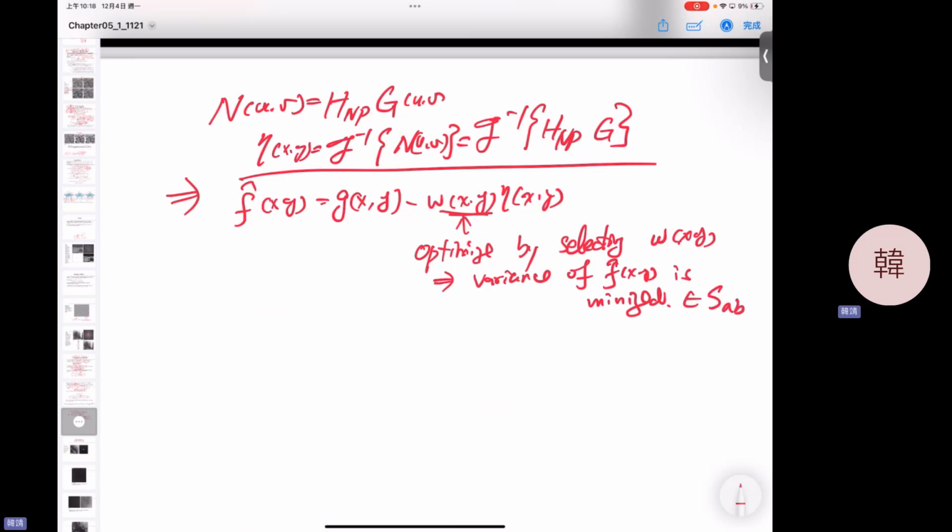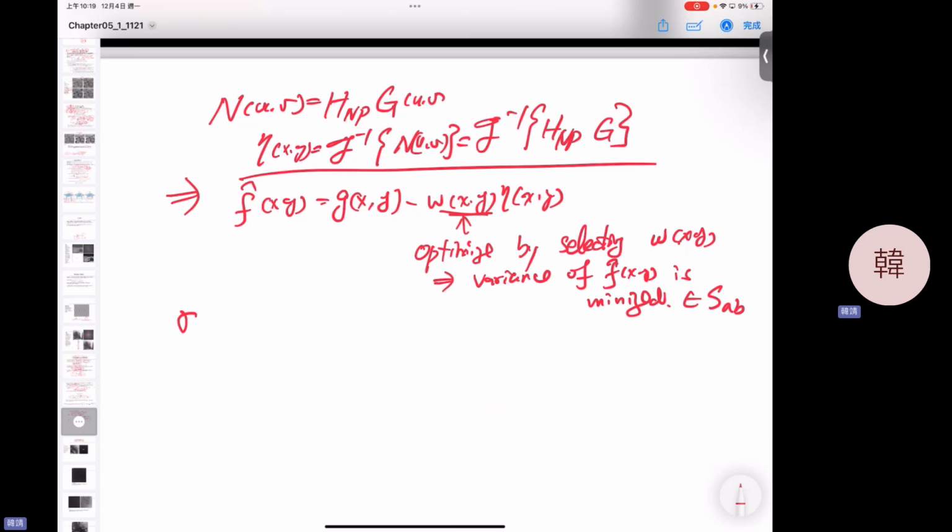If you use some small image in this location, your restoration problem is solved step by step in every sub-image with a different W coefficient, regarding your image content and noise content. So we try to minimize the variance of this estimated image in this sub-image.